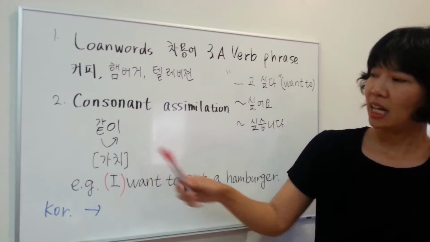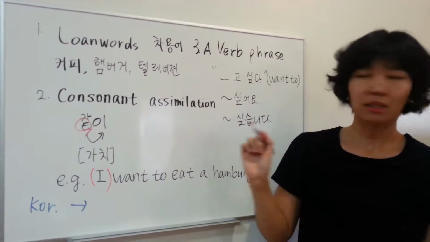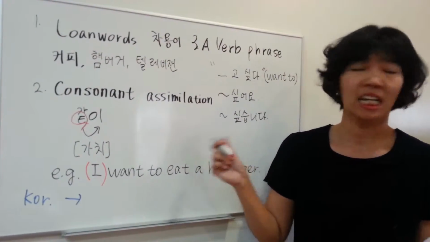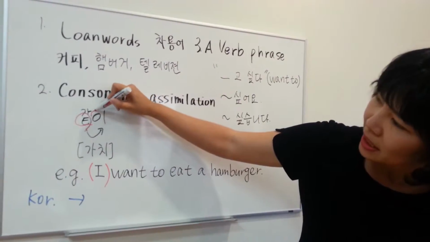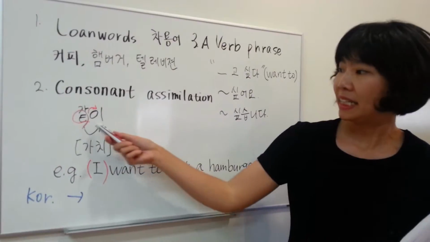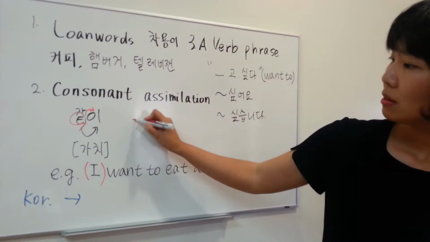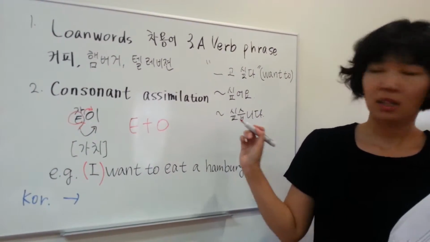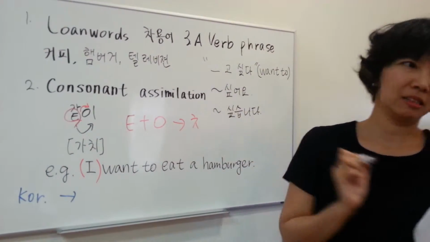The reason is that this T, like in ticket, is very similar to the English T, but in Korean it assimilates to this consonant sound, 이응. So that's why it becomes 칠.